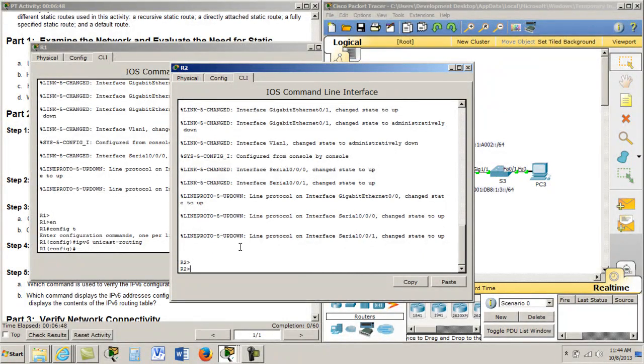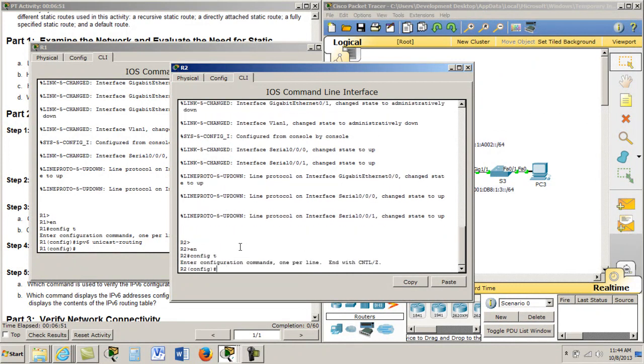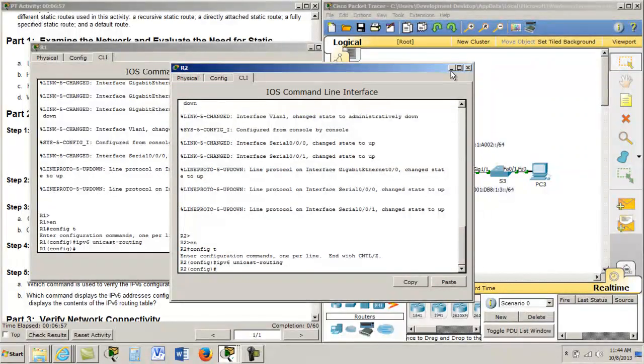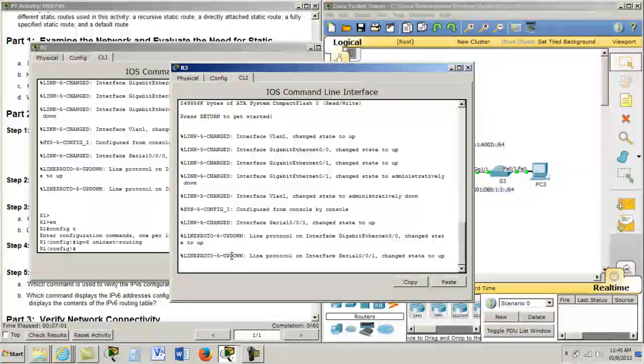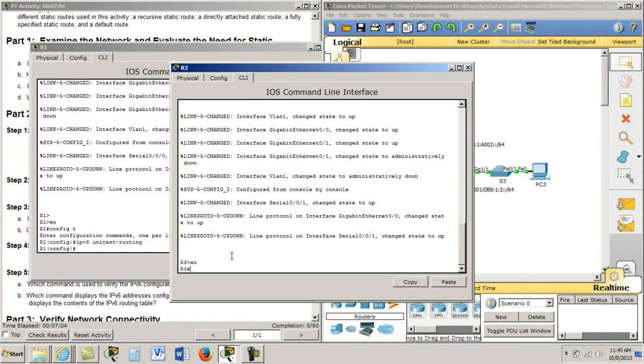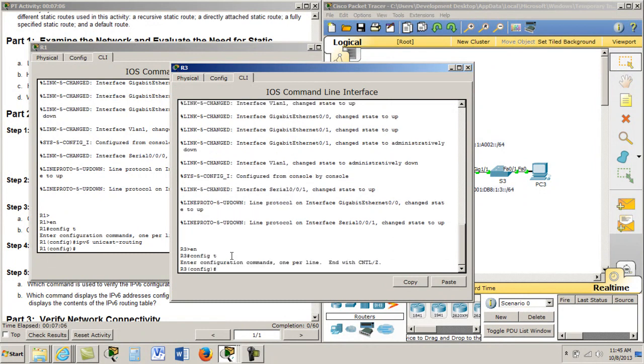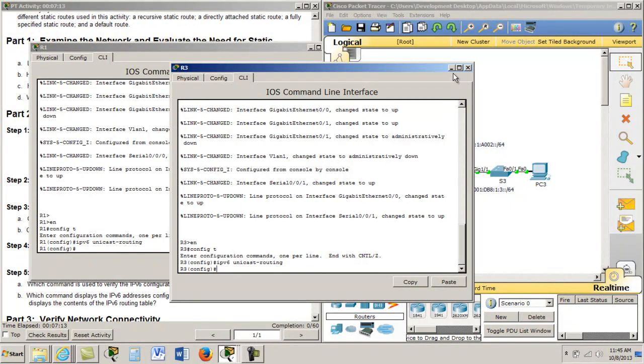So we'll go ahead and enable that on all the routers, lest we forget, or all of our efforts at implementing static routing will be for naught. So we go back to each router in global configuration mode and enter ipv6 unicast-routing, and that enables routing for IP version 6.